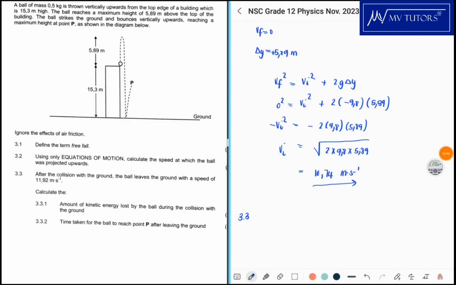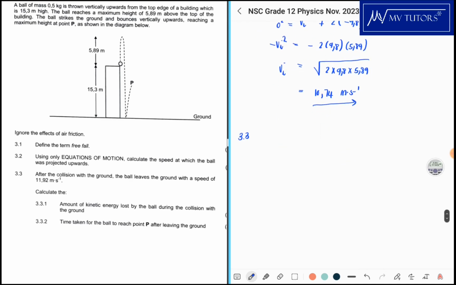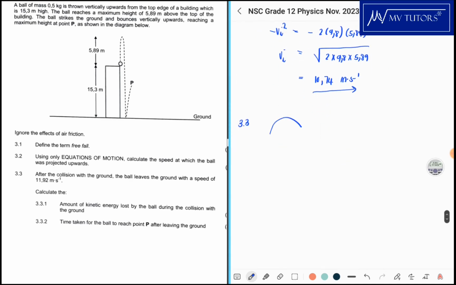Alright, 3.3. So it says, after the collision with the ground, the ball leaves the ground with a speed of 11,92 meters per second. So let's just do this. Alright, so we know that the ball left here with the velocity of 10,74, and then at its maximum it reaches 0, and then it passes the top of the building again, and when it does that, it still has the same velocity of 10,74.